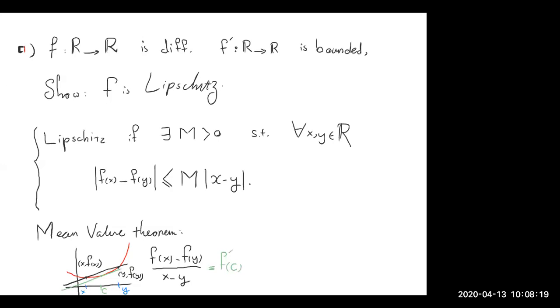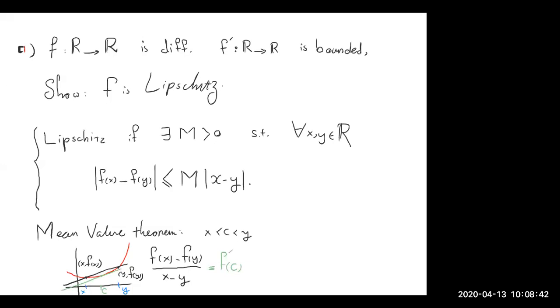We have the same thing for our function here because f is differentiable. So f of x minus f of y over x minus y equals the derivative at some point c, where c is between x and y.